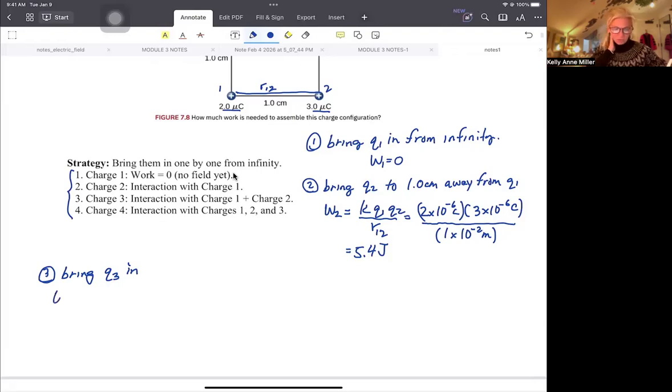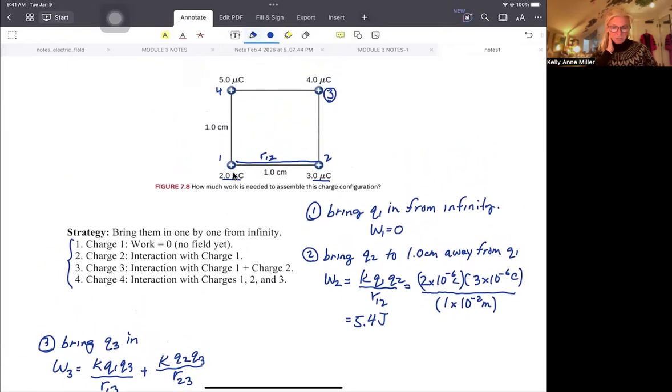And so the work 3 is just going to be K times Q1 times Q3 divided by the distance between 1 and 3. And then I'm going to add that to K times Q2 times Q3 divided by the distance between charge 2 and 3.